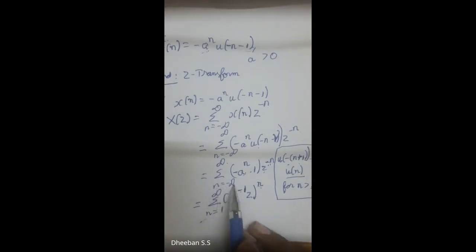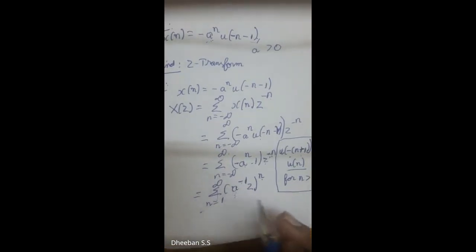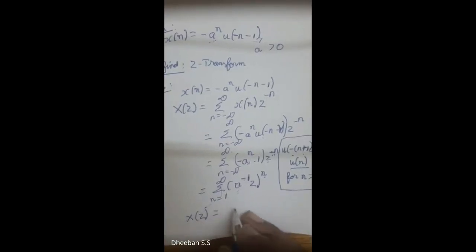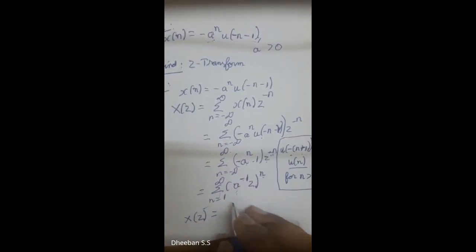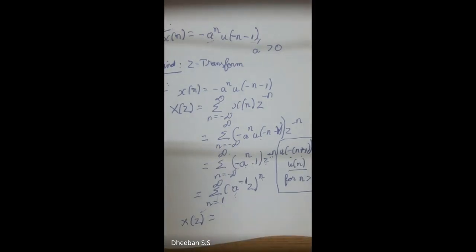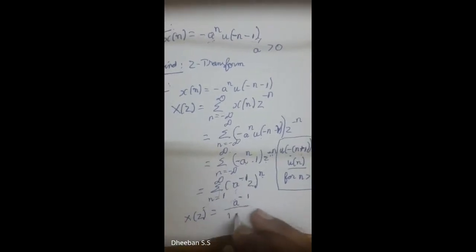So the value of X of z will be z, that is a power minus 1 by 1 minus a power minus 1.